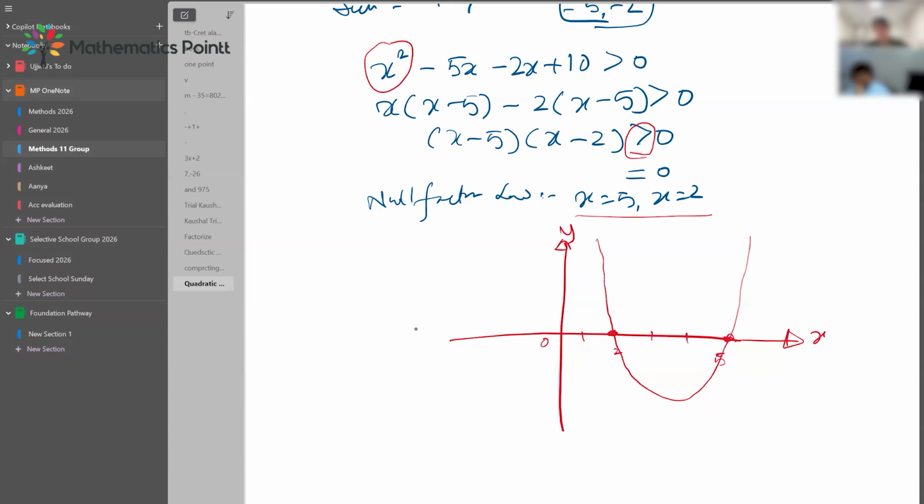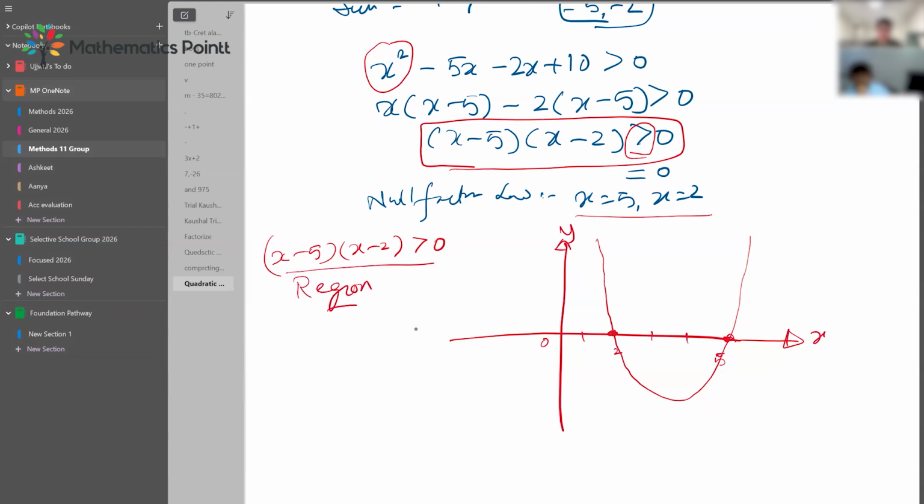Now, let's look at this inequality. The inequality says (x minus 5)(x minus 2) should be greater than 0. Now we need to highlight a region which should fit into this inequality. I need this to be greater than 0. Which region of the y-axis is greater than 0?